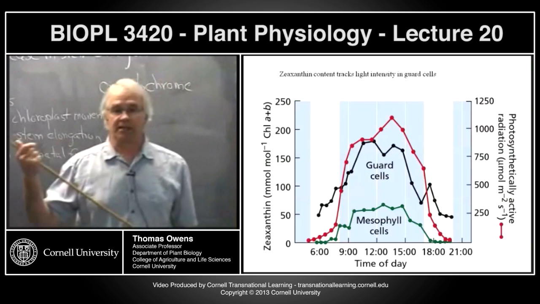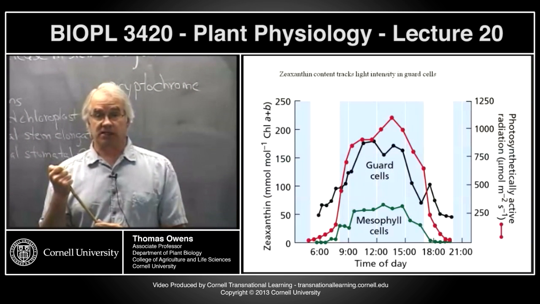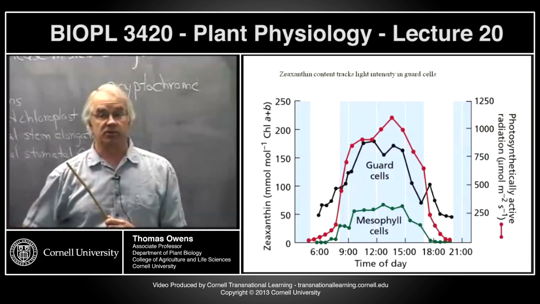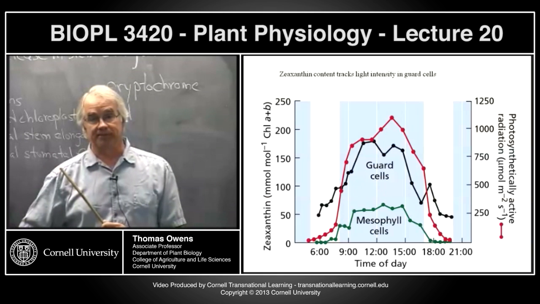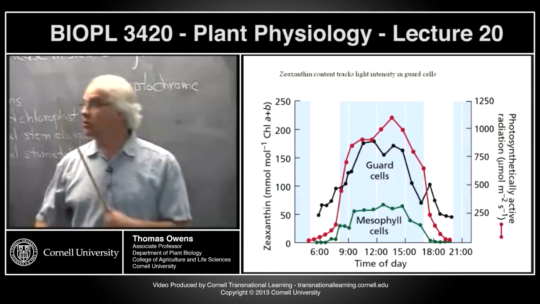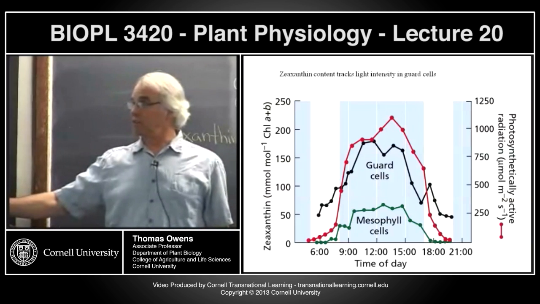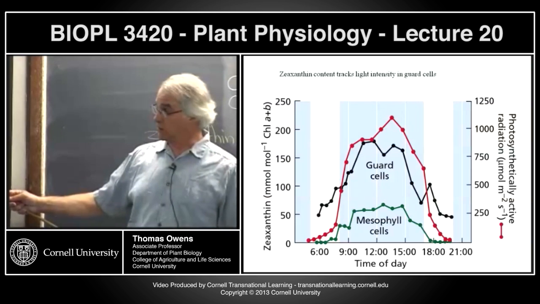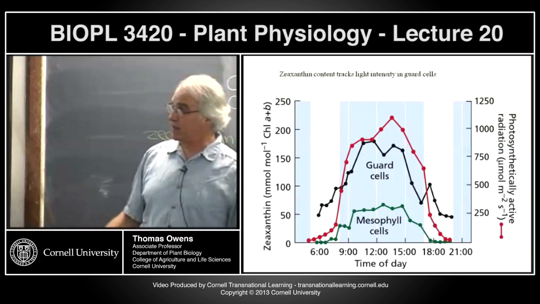That zeaxanthin tends to accumulate in plants that are exposed to excess light. And the zeaxanthin plays a role in dissipating absorbed light energy before reactive oxygen species can form. Okay? So not particularly surprising that as light intensity increases, the amount of zeaxanthin that's present in the mesophyll cell also increases. And as the light decreases at the end of the day, it goes in the opposite direction.